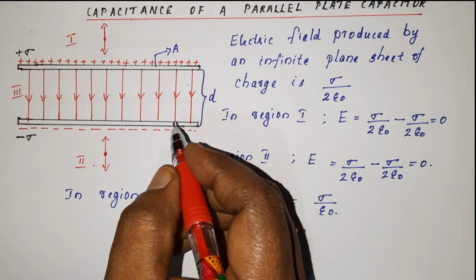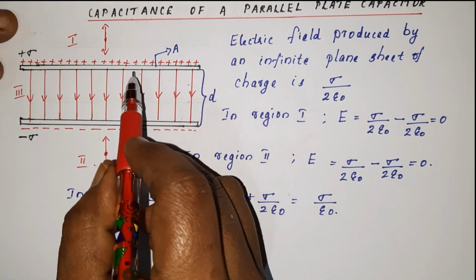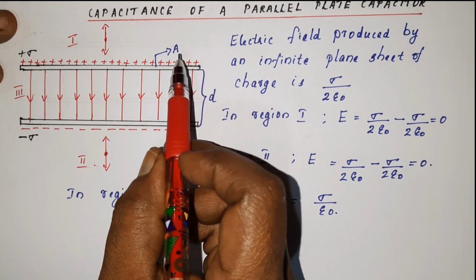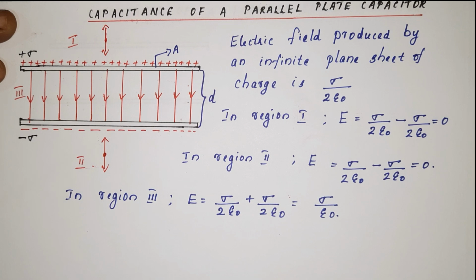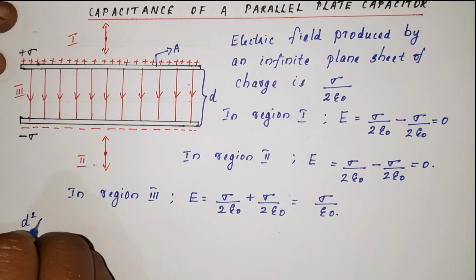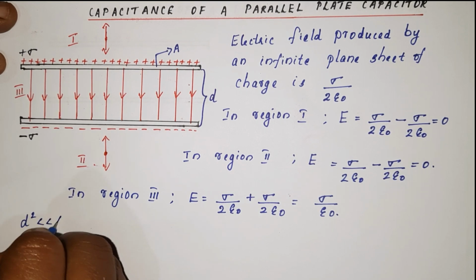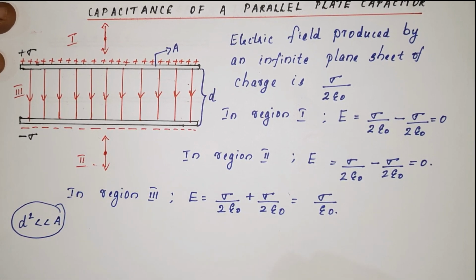infinitely long plane sheets of charge. But here actually the sheets are of finite area and length. Then what makes us assume this? It is this condition, that d squared is very much less than A. This is a very important assumption.